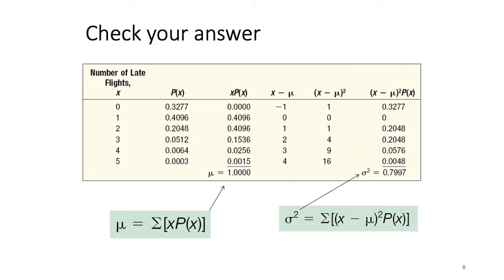So this is just to check your answer and to kind of test out the different values. We could actually calculate the probability of 0 flights, 1 flight, 2, all the way up to 5. We were able to calculate 0, 3, and 5 flights being late.